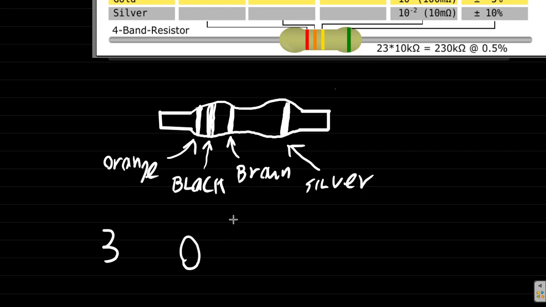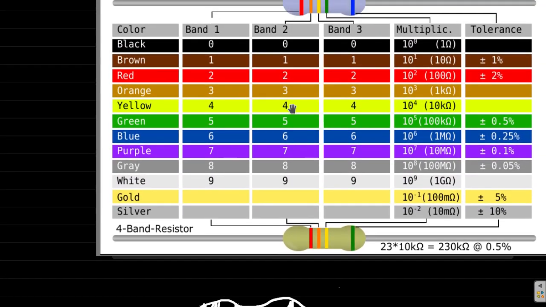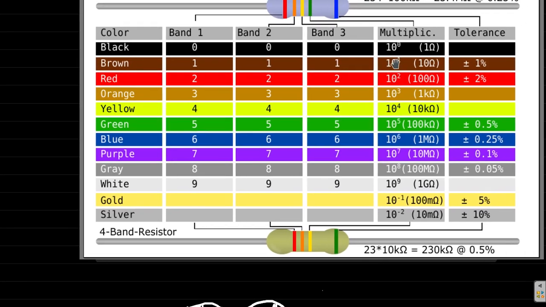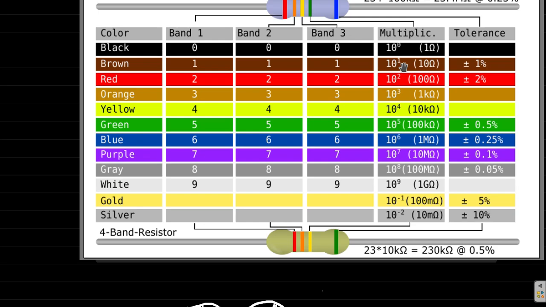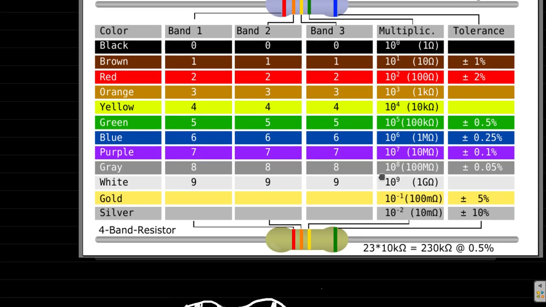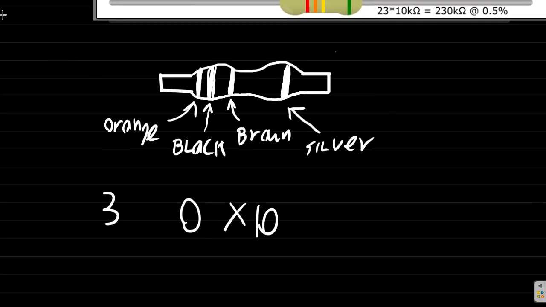The multiplier means multiplied by 10 raised to the power of the number associated with brown. That's 1. So as you see in the multiplier section, it's 10 to the 1.